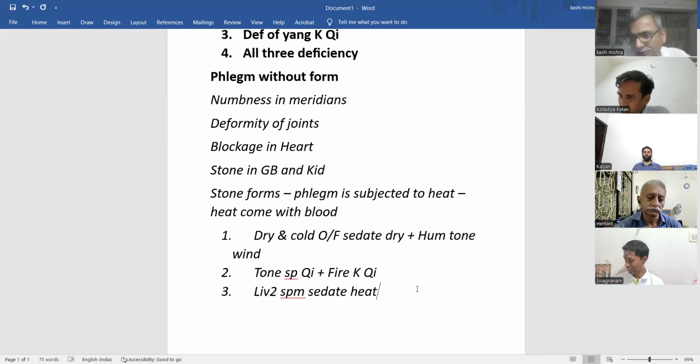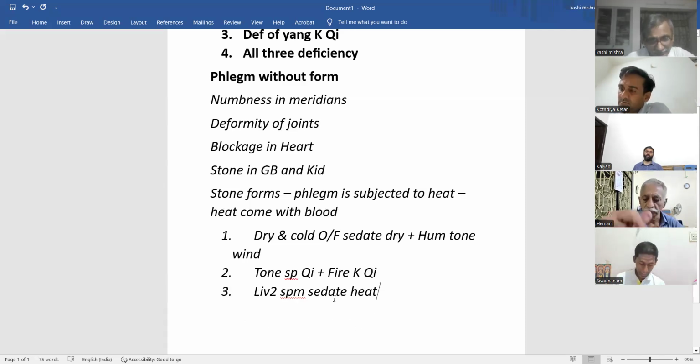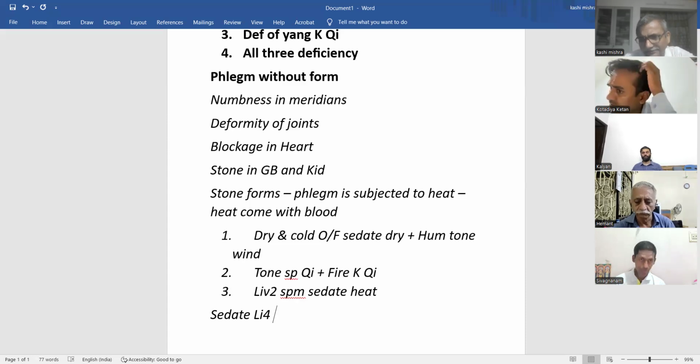Shall we sedate or tone? What shall we do? Sedate, sir. Yes, good. You are right, but can you tell me why? You said it expands by sedating. Yes, you are opening up. Sedation means opposite flow.